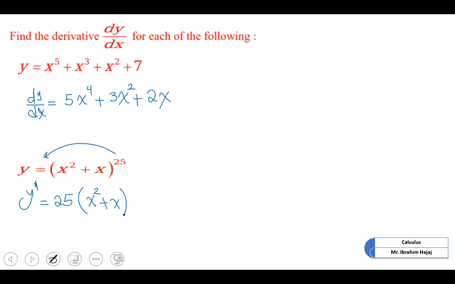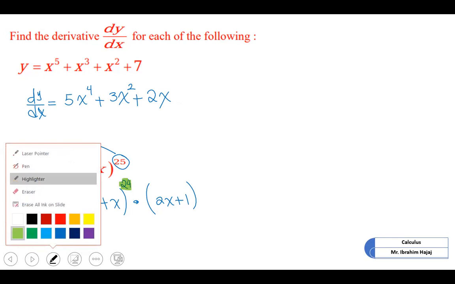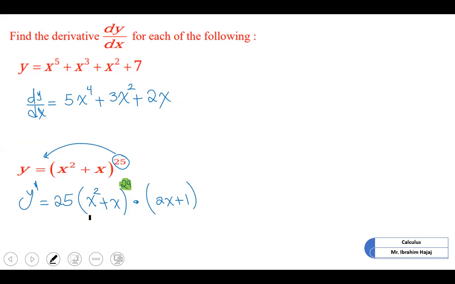Reduce the power 25 by 1, so it's going to be 24, multiplied by the derivative of the inner function, which is 2x plus 1. So drop down the exponent, subtract 1 from the exponent, and then don't forget, guys, to find the derivative of the inner function, which is 2x plus 1.